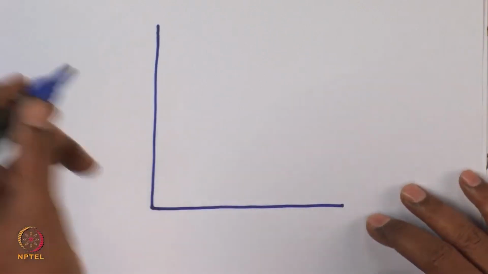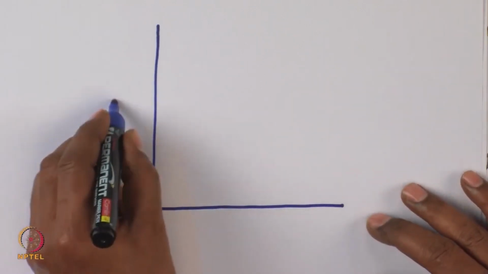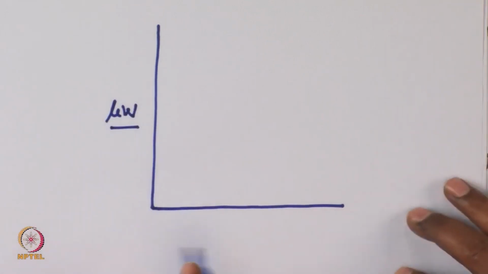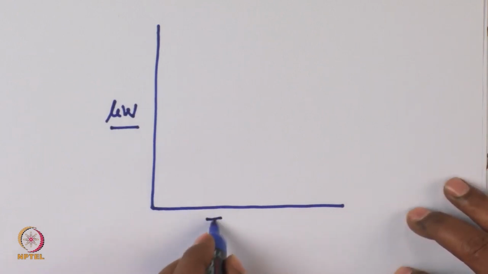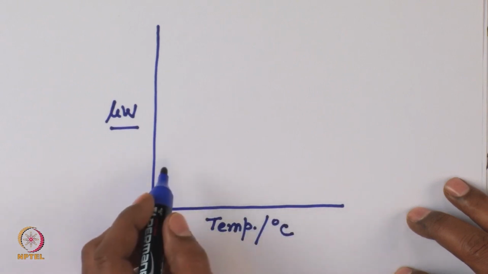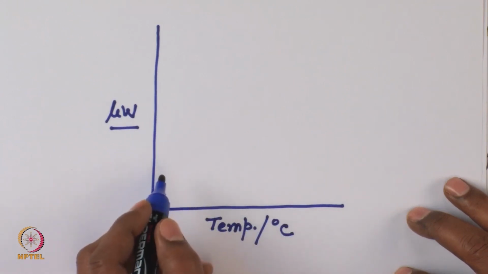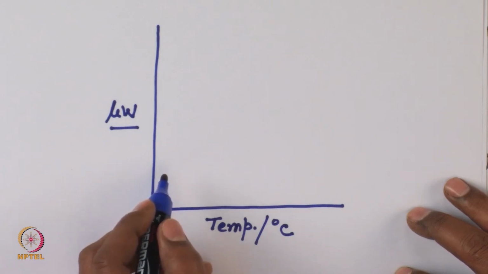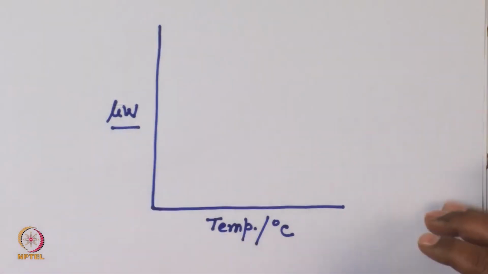Here let me write microwatts, that is the power, and here I have temperature. Let us say I put in degree centigrade. Initially, when no transition is taking place in the sample cell, let me go to the slide.